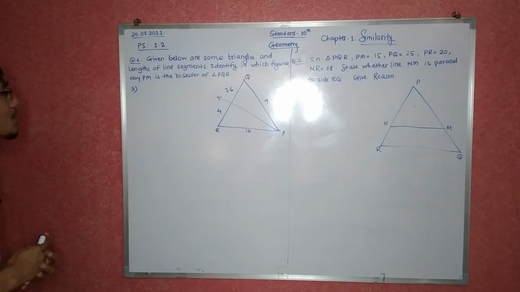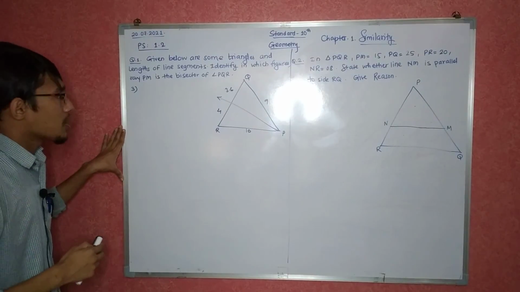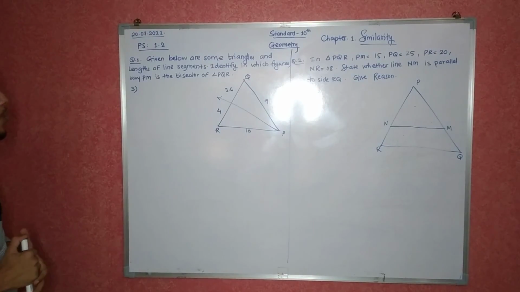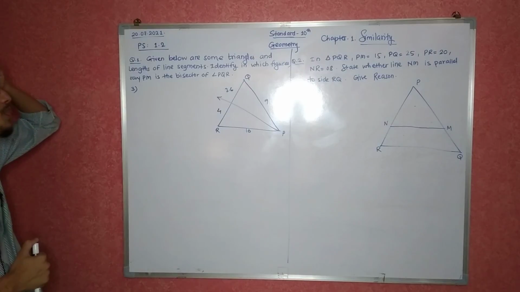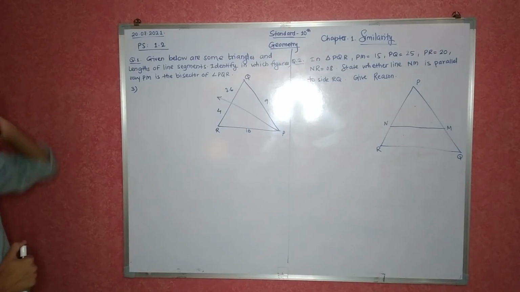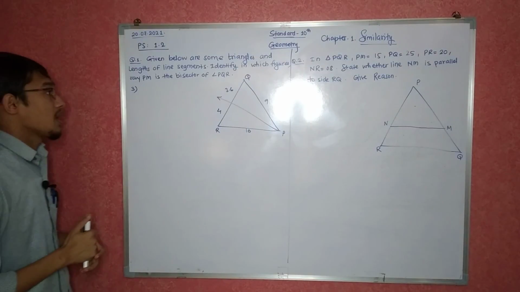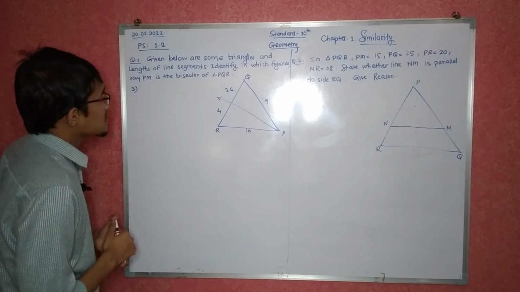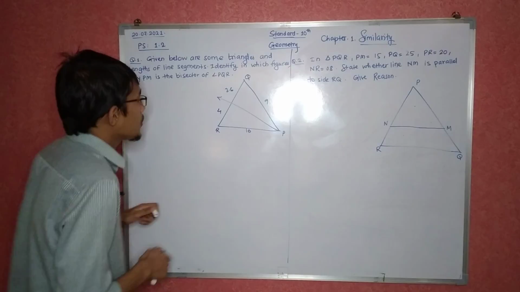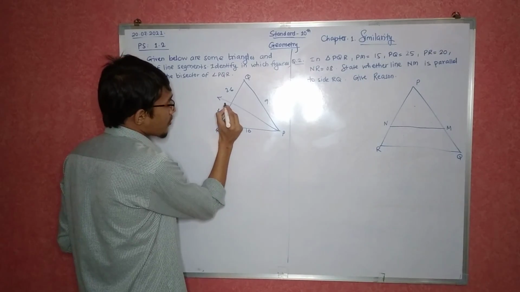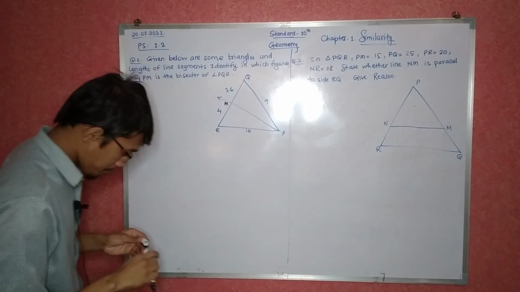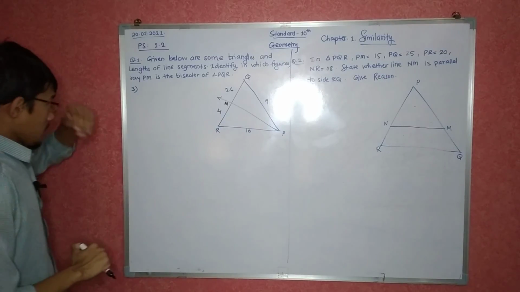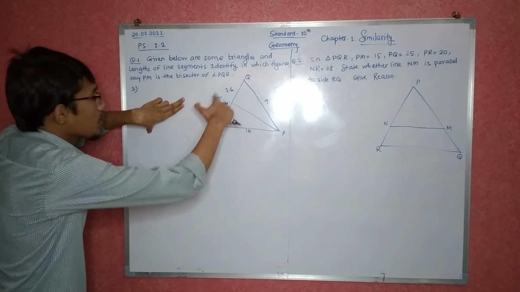Okay, so to the first question now. What is the question? Given below are some triangles and lengths of line segments. Identify in which figures ray PM is the bisector of angle PQR. Now what we have to identify, there is a triangle given here.